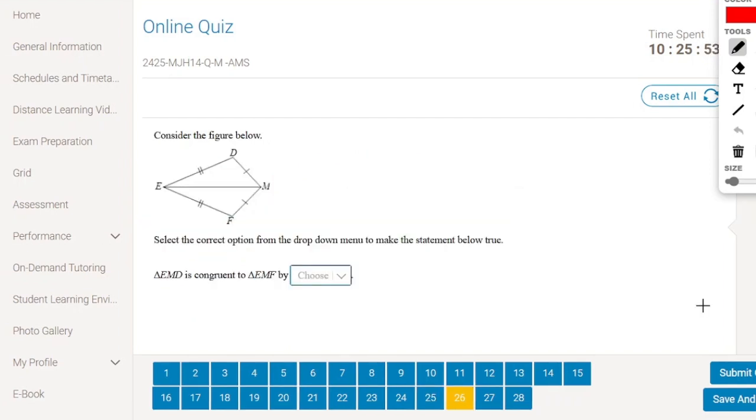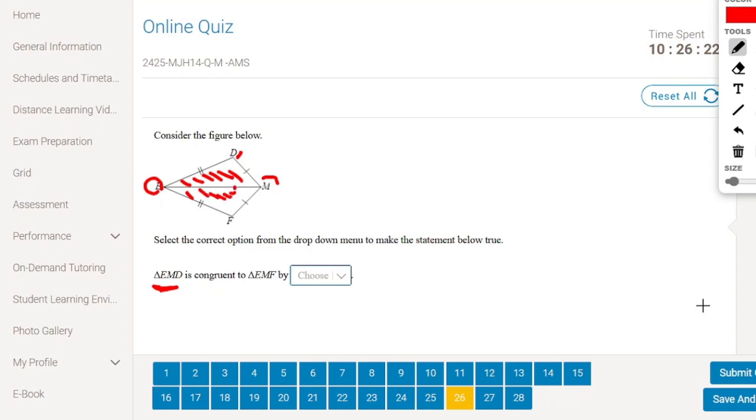Question number 26. Now consider the figure below. Select the correct option from the drop-down menu to make the statement below true. It says triangle EMD is congruent to EMF by, okay, so these two triangles are congruent to each other, right?